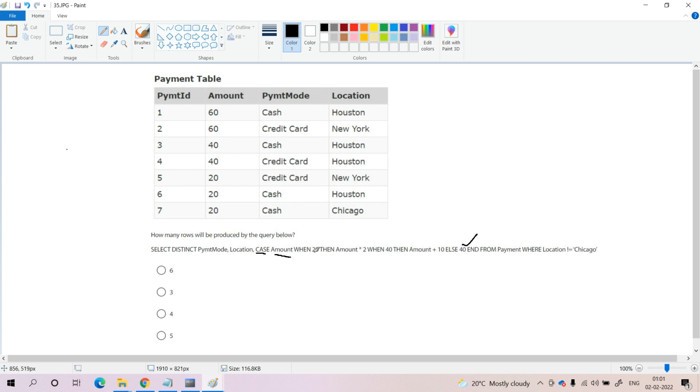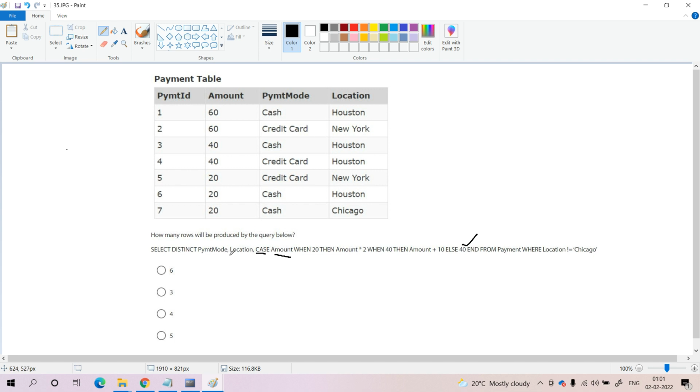Apart from the first two conditions, if the amount is less than 20 or greater than 40, we need to consider the amount as 40. We need to do all these things from the payment table where the location is not equivalent to Chicago. Let me try to read the query one more time.